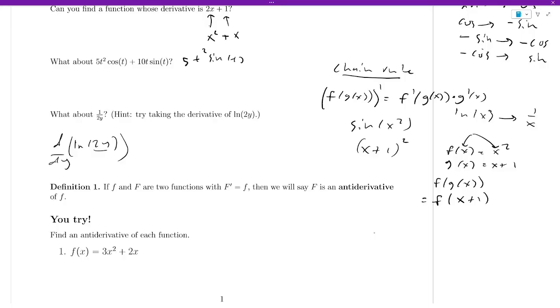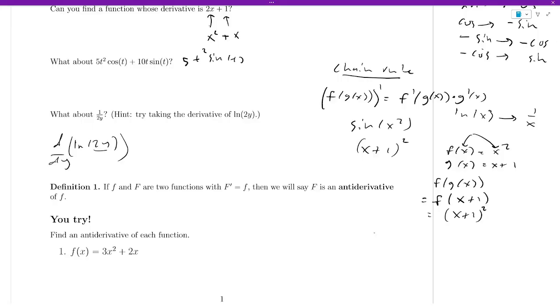F of 2 is 2 squared. F of 10 is 10 squared. F of x plus 1 is x plus 1 squared. So I take x plus 1, that's my input, and I square it. So here I had x plus 1 squared, and I thought of it as an inside function, x plus 1, and this outside function, x squared.